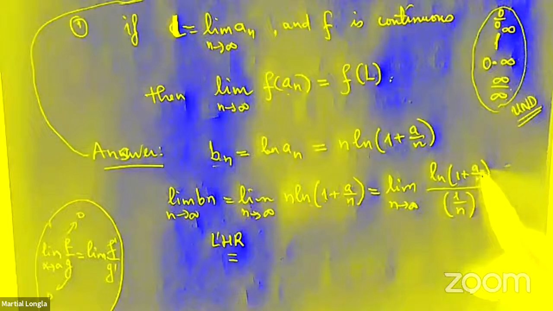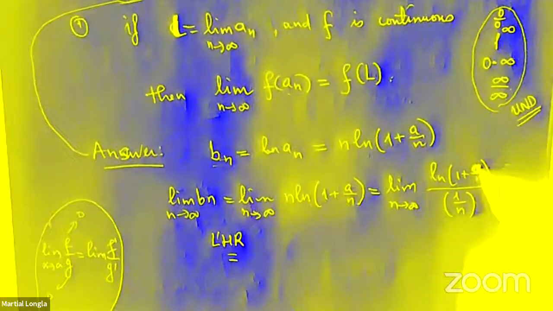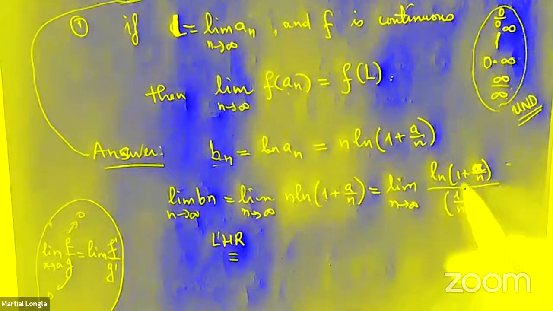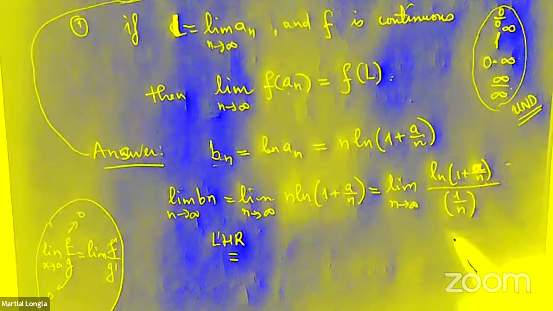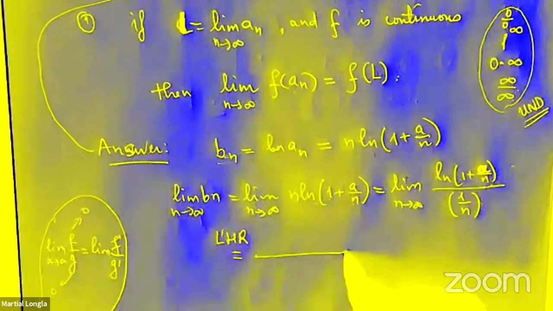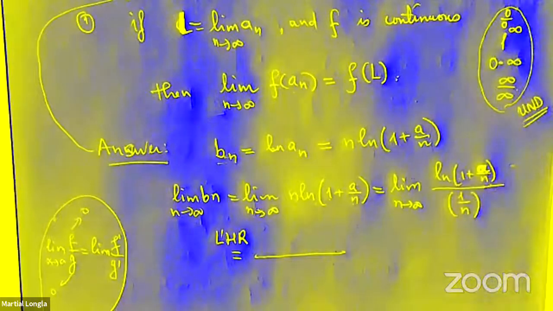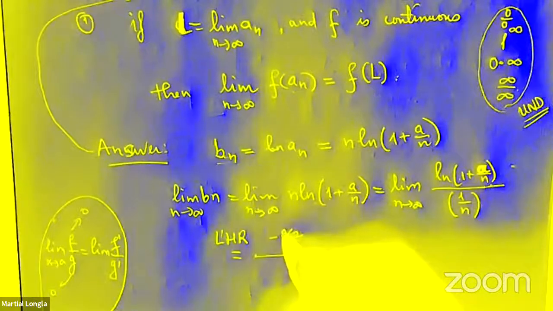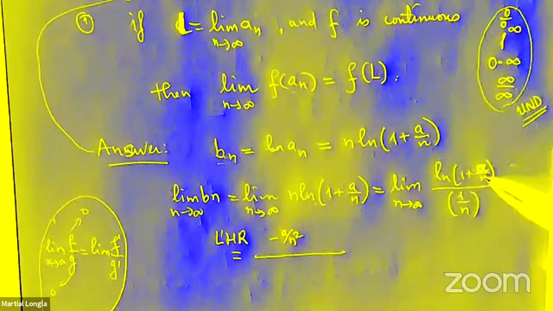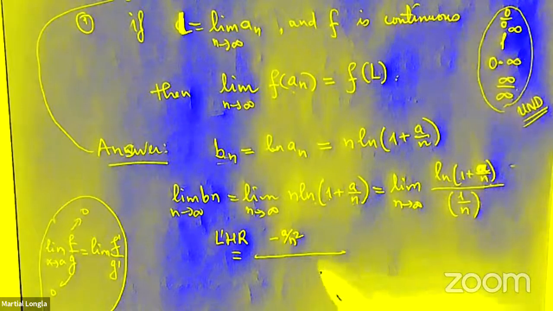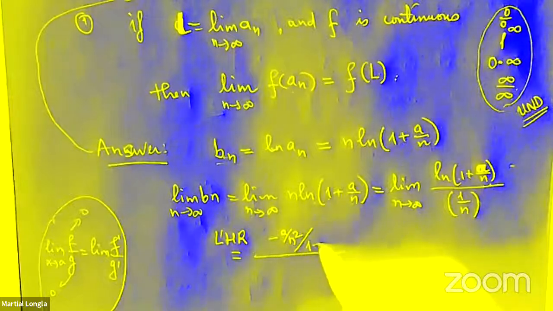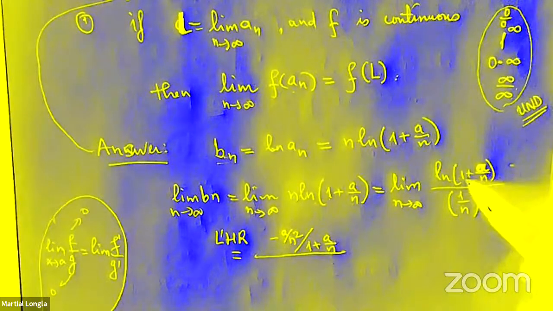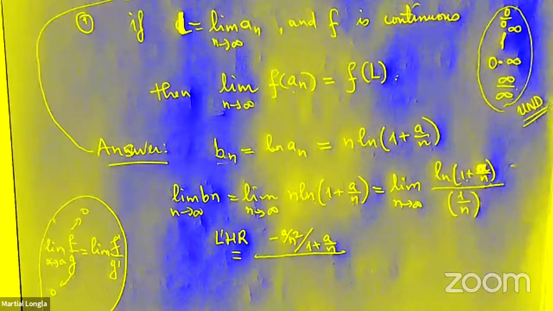So here, I'm going to have the limit of the ratio of the derivatives of these two functions. The derivative of natural log of 1 plus a over n, that's what I'm writing first on top. It's going to be minus a over n squared, the derivative of the inside function, divided by 1 plus a over n.